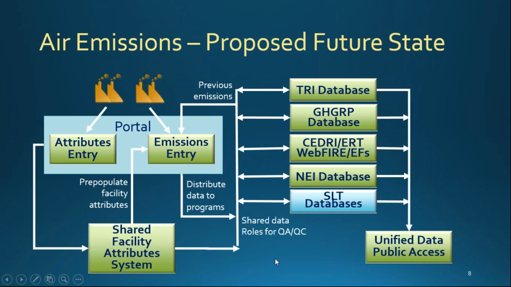The QA/QC is captured, where the states and EPA can make sure that QA/QC occurs for their specific uses, and then ultimately you have unified data access for the public of accurate, timely data that doesn't result in additional workload, and instead should streamline and provide for less effort and more accuracy in submission of emissions data.